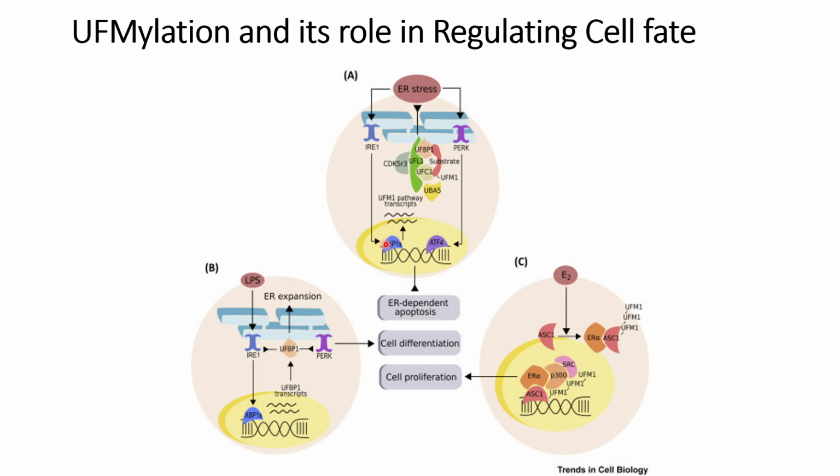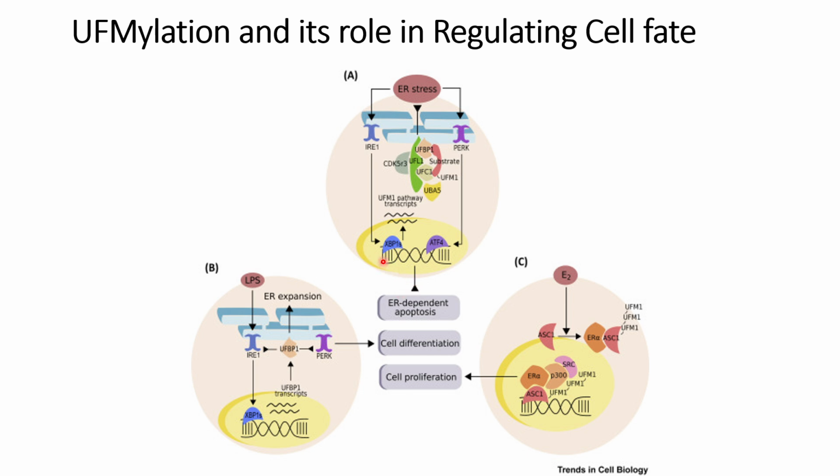So those XBP1s will lead to the transcription of UFM1, and that will help in preventing the ER stress by down-regulating the IRE1 alpha and PERK pathways. So this is just a brief overview of the role of UFMylation in ER stress.